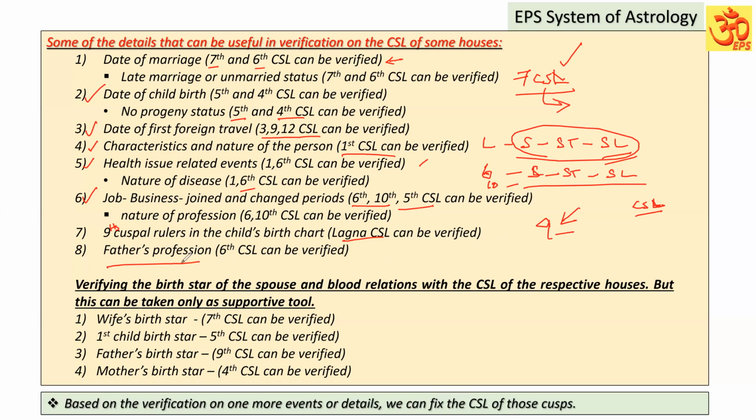By checking the father's profession, the sixth cuspal sublord can be verified, because the sixth house is the 10th house from the 9th house. So the father's profession can be verified through the 6th cuspal ruler, especially the 6th cuspal sublord. I'm not saying that we have to check all these things.